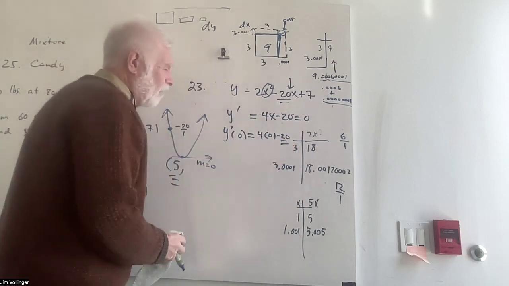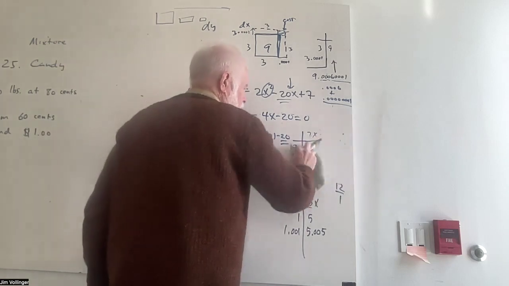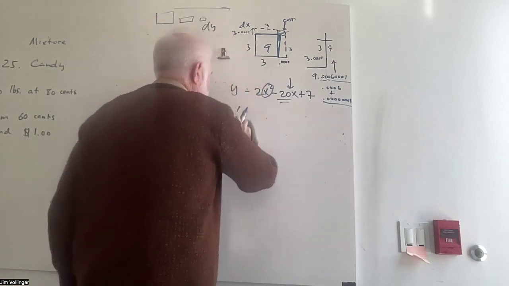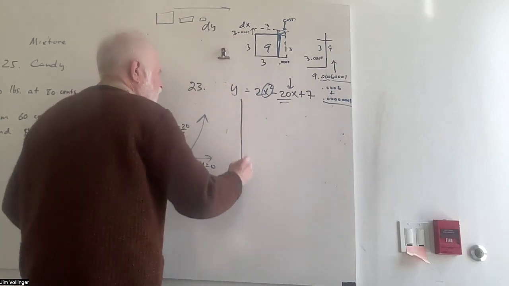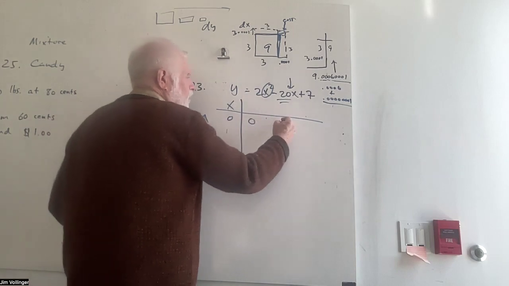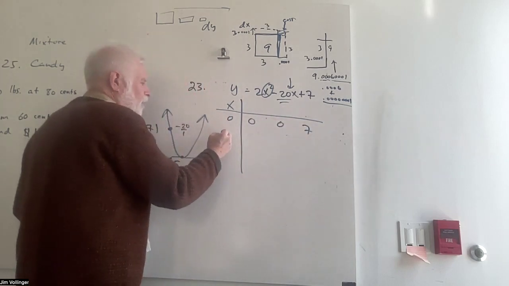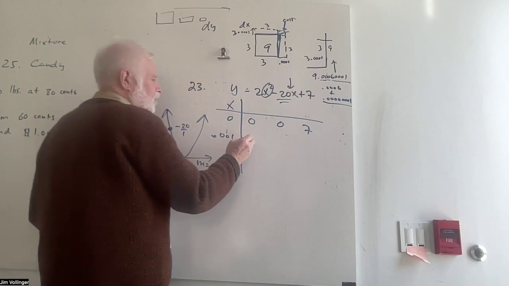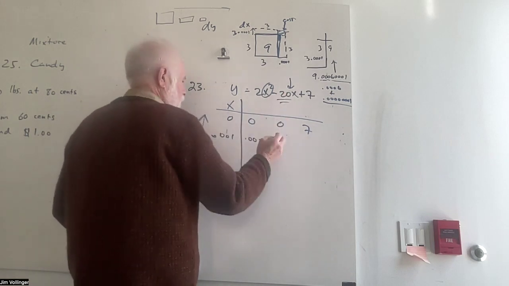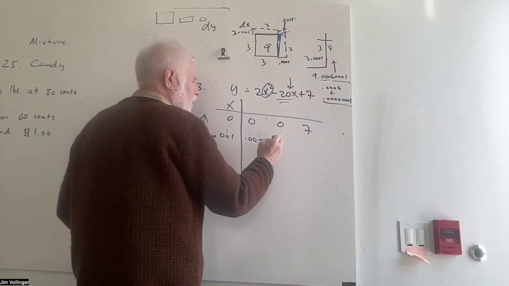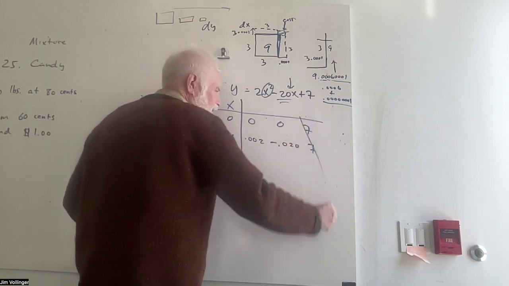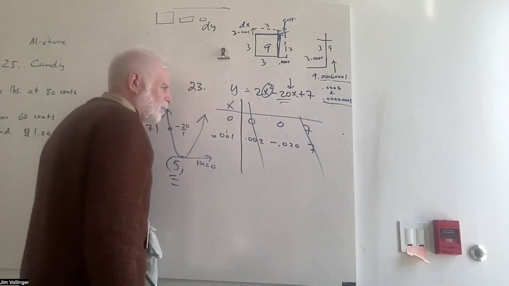Now, that's not how I did it originally for you over the course of the first half of the semester. We did it from the standpoint of plugging 0 in, (0, 7), then plugging 0.001 in, which gets you 0.001, multiplied by negative 20, gets you minus 0.020, and that hasn't changed appreciably.